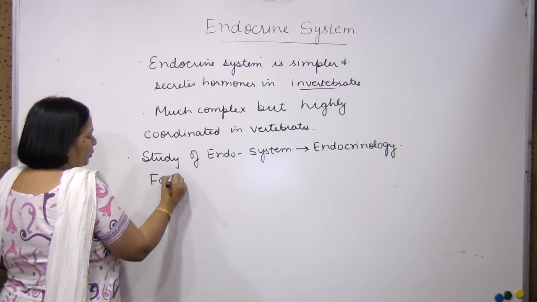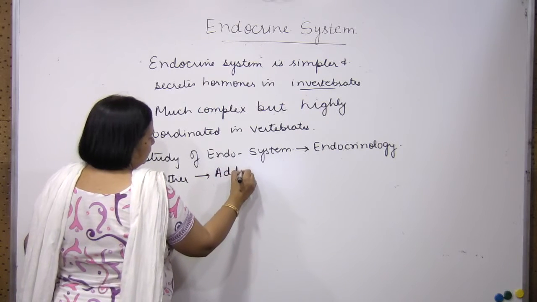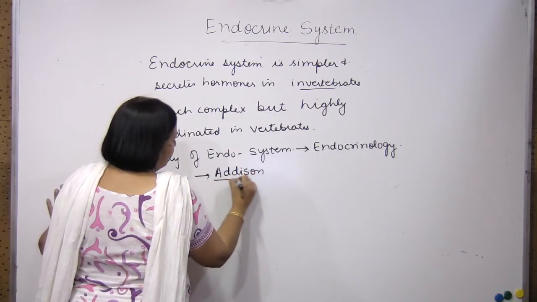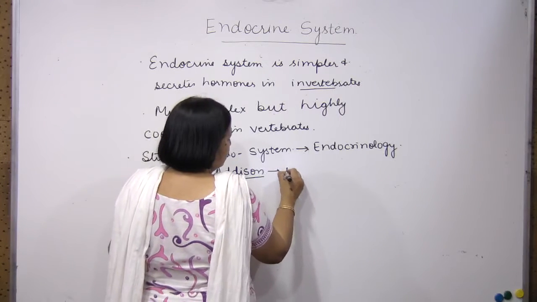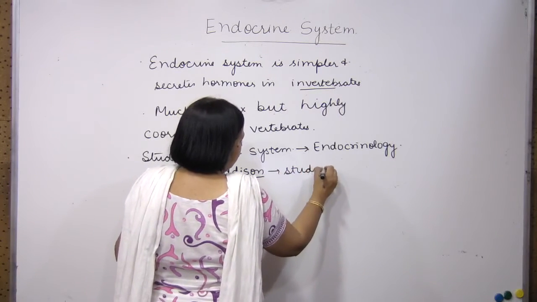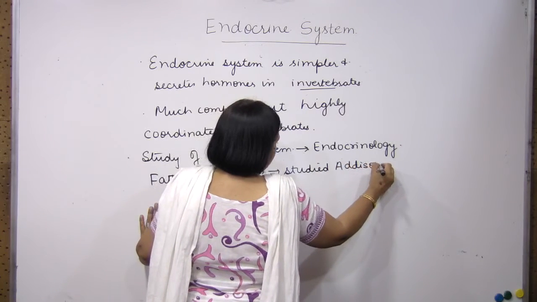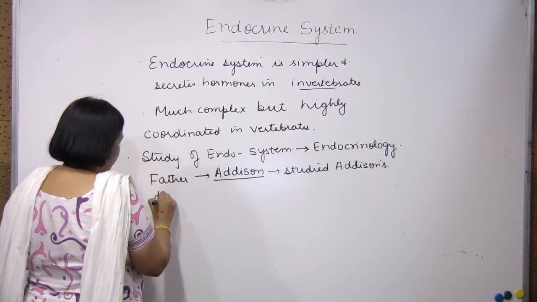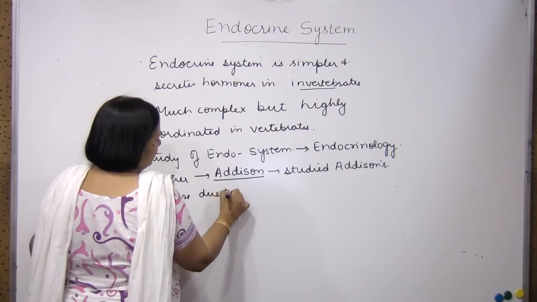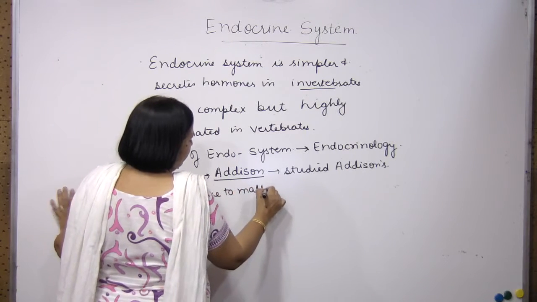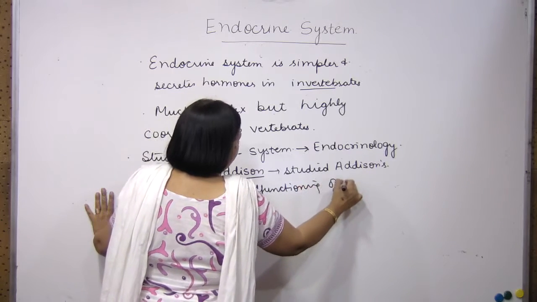Father of endocrinology, Addison, who first studied Addison's disease, due to malfunctioning of adrenal glands.